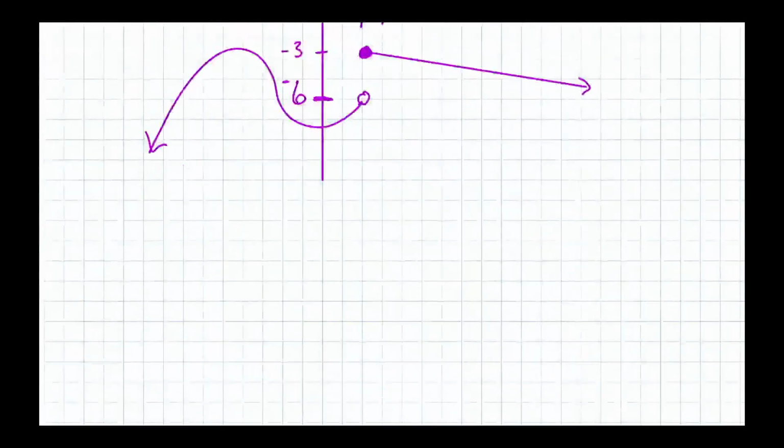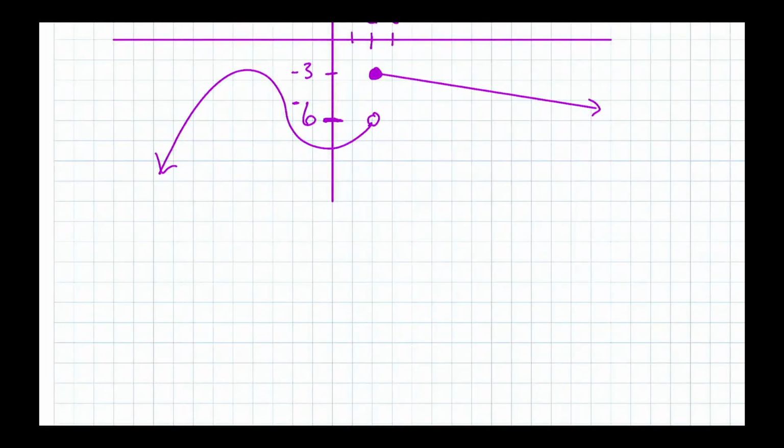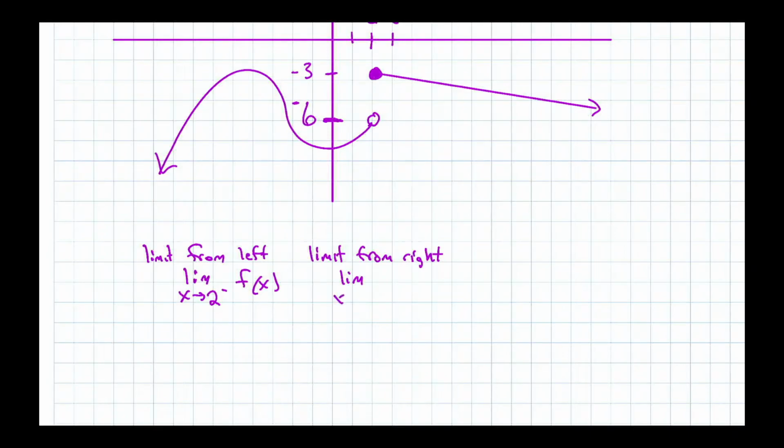They only ask one, but the 4 they could have asked for would be the limit from the left, which would be the limit as x approaches 2 from the negative side of f of x. They could ask about the limit from the right, which would be the limit as x approaches 2 from the positive side of f of x.